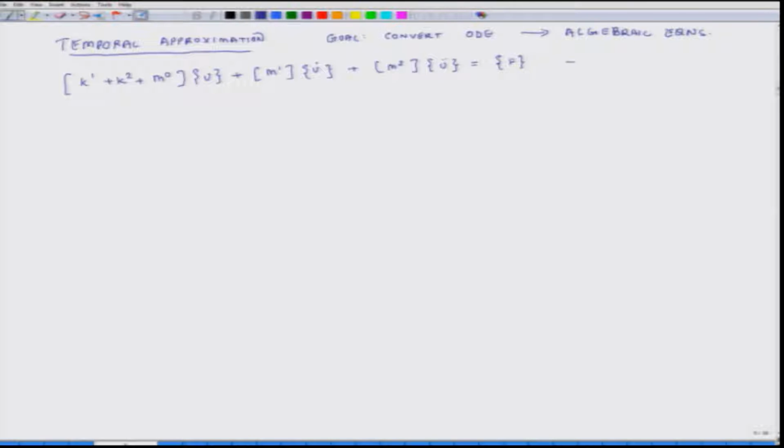So, right now this is a second order ordinary differential equation, and our aim is to somehow integrate this in time, so that once we integrate it in time we will get algebraic equations. We will do this process for a special case, the case of parabolic equations.